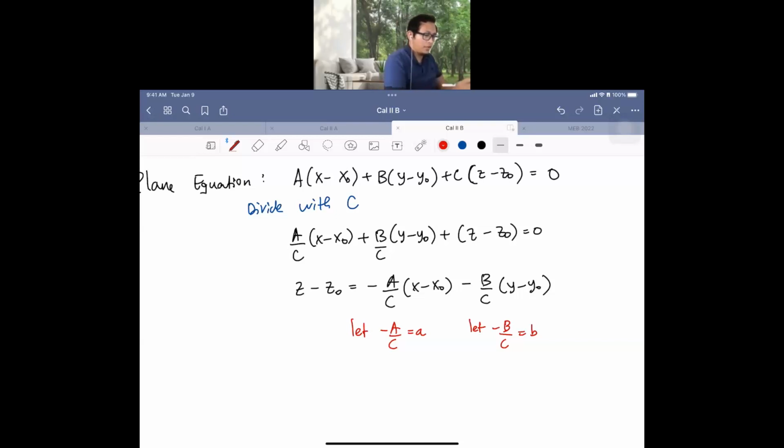Now we have Z minus Z0 equals a times x minus x0, plus b times y minus y0.